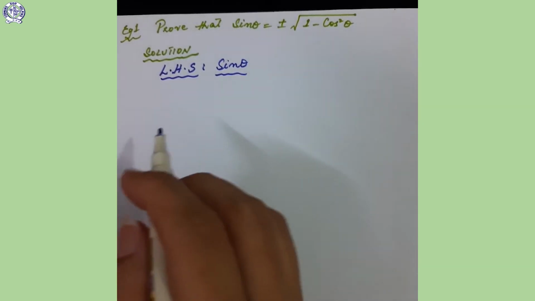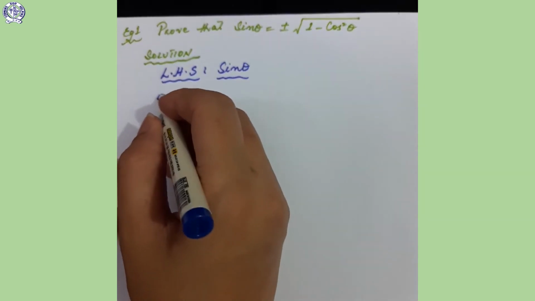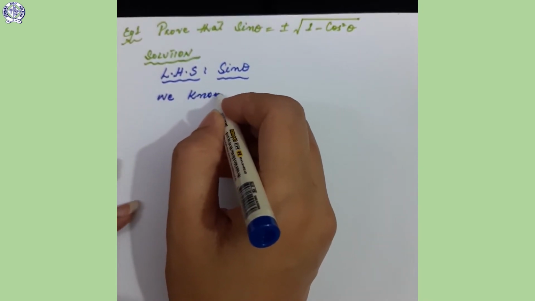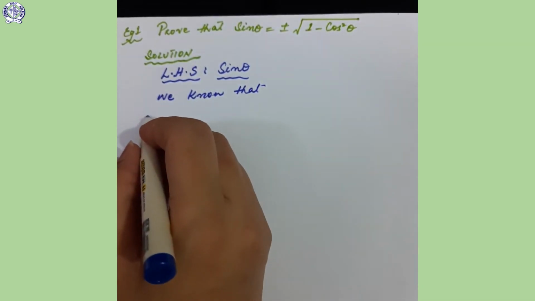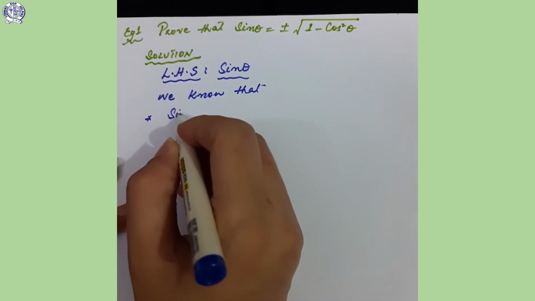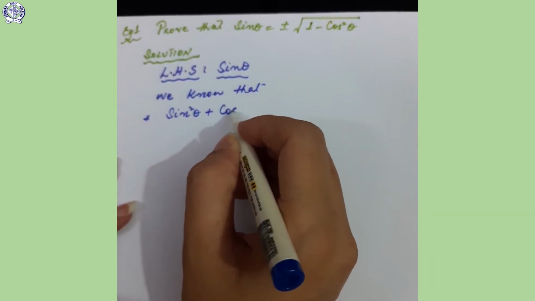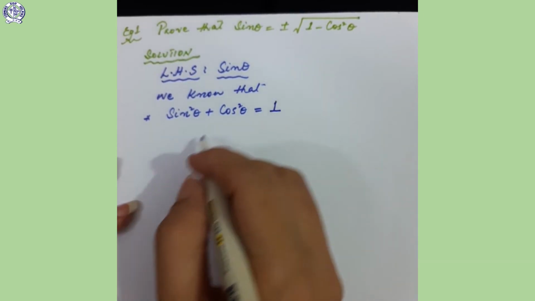Now we have just finished the formulas, so we will write the formula. We know that sine square theta plus cos square theta equals 1. This is the formula.